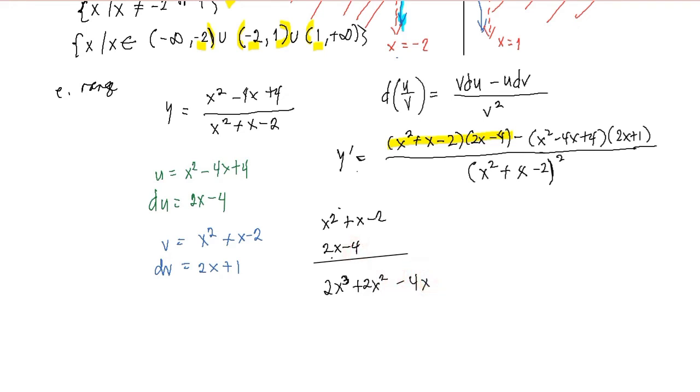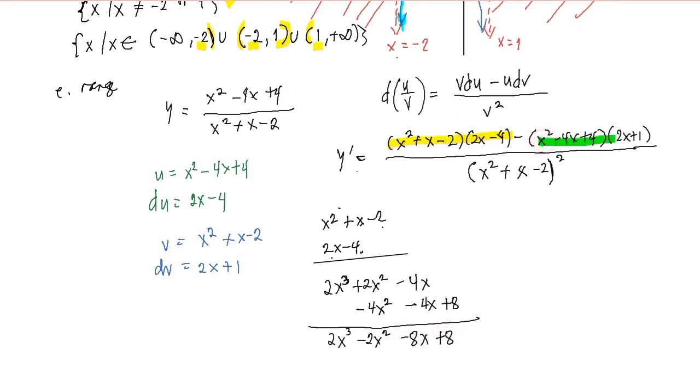And for this, that's negative 4x squared. Ito times yan, that's negative 4x. And that is positive 8. So we have here 2x cubed minus 2x squared minus 8x plus 8. Para pala nandito. No?